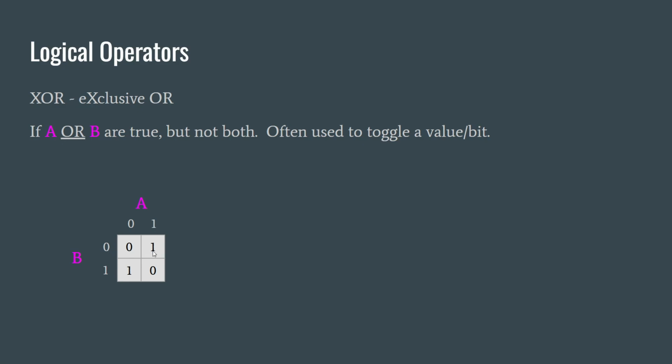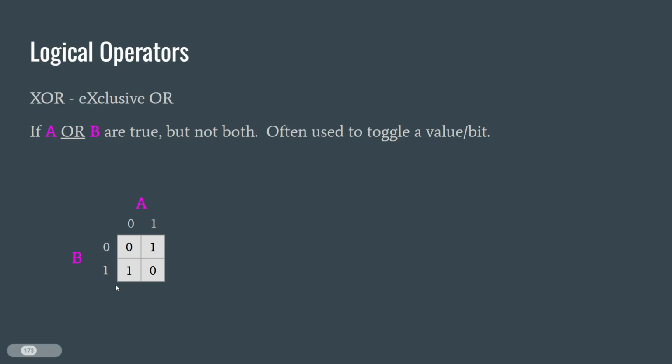So one of them is true, but not both of them, so this is a 1. Next, we have A equals 0, B equals 1. Again, one of them is true, B is 1, but A is not, so that's equal to 1.